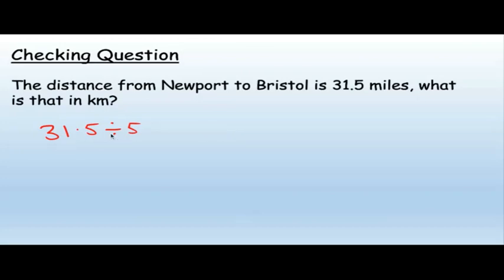That's not an easy one to do in our heads, so we can just do a bus stop here. So 31.5. 5 goes into 3, well, it doesn't. But 5 goes into 31 6 times with a remainder of 1. And we'll put our decimal point there. And we've got 5 goes into 15 3 times. So we've got 6.3.